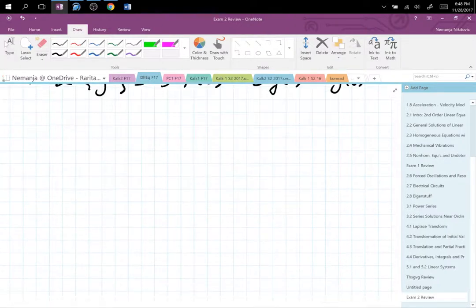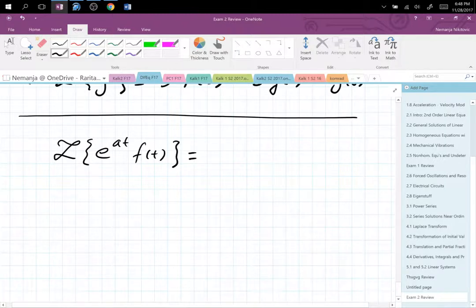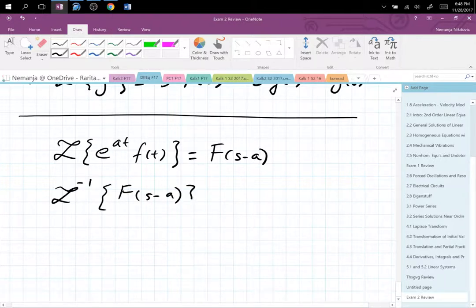So translation says that the Laplace transform of e to the at times f of t gives you F of s minus a. So that's the shift to the left and right, and the inverse Laplace of F of s minus a will give you e to the at times f of t. So these are the translation formulas.